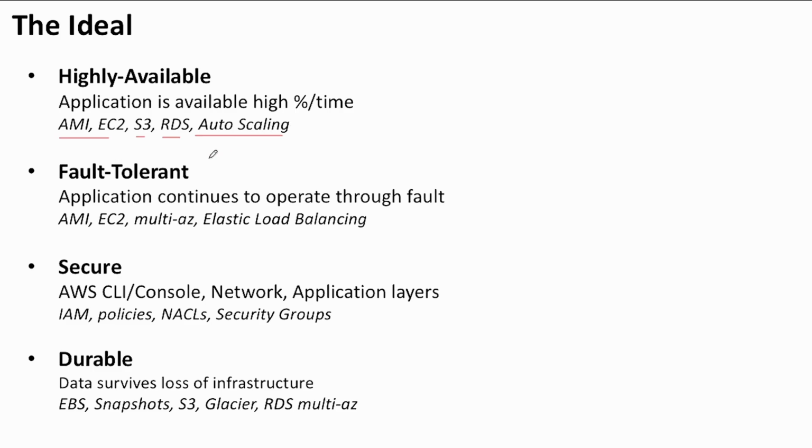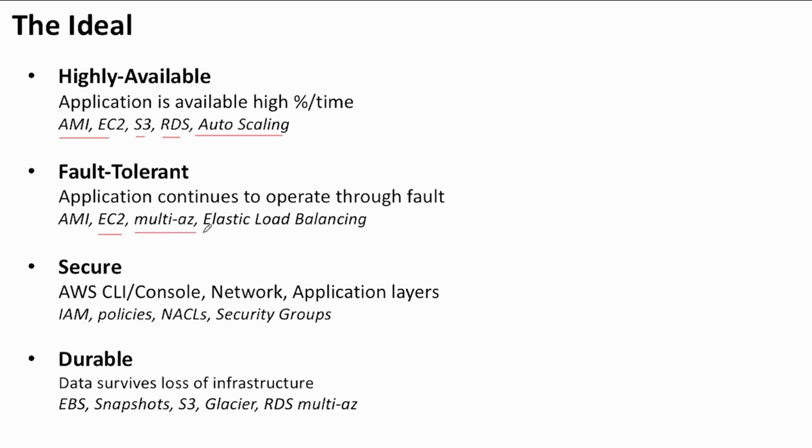Now, fault tolerance, or an application that is fault tolerant, can help you achieve an application that is never down. So if there is a fault with one machine, we still have other machines in the background that can take up the slack and continue to handle traffic or meet demand, whatever it may be. And again, we have multiple EC2 instances. We should be leveraging multiple availability zones.